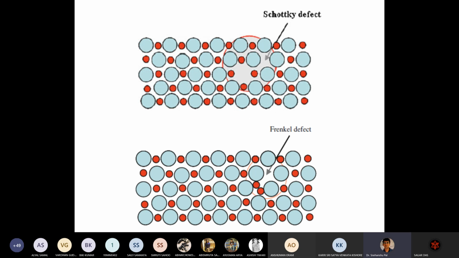Now here you can see two kinds of defects, that is Schottky defect and Frenkel defect. In order to understand that, we have to find out certain things.